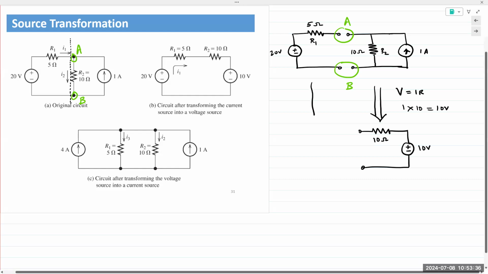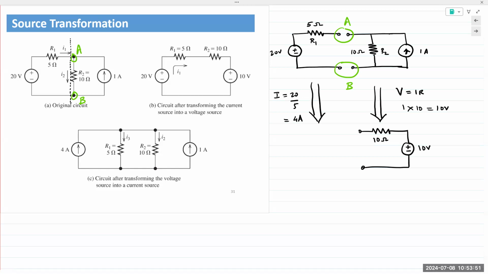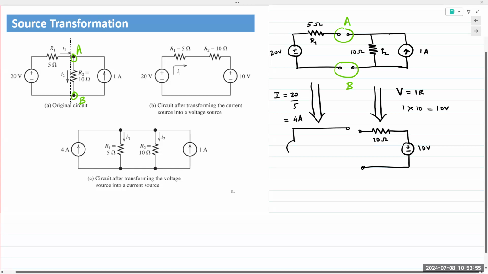Similarly, if we look at the portion of the circuit on the left, we can perform V equals IR. I would be equal to 20 divided by 5, which would give you a 4 amp current source. And so that would become a current source that goes up in parallel with a 5 ohm resistor.